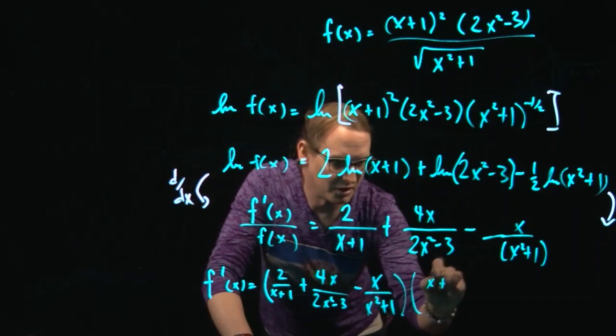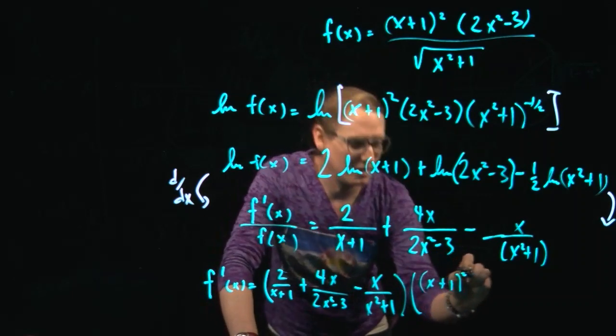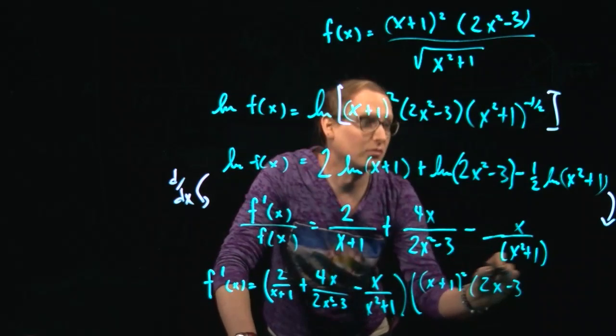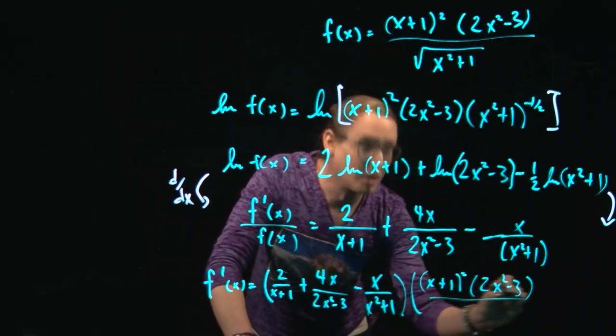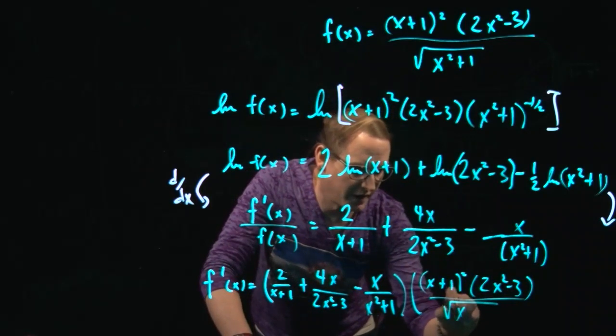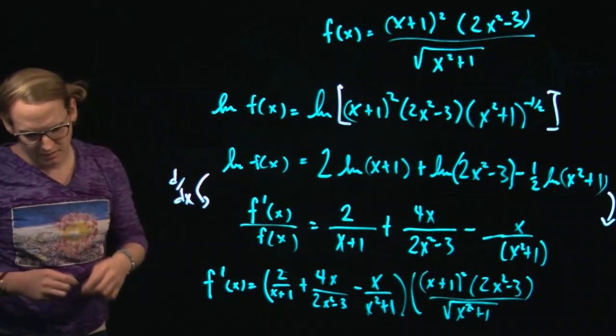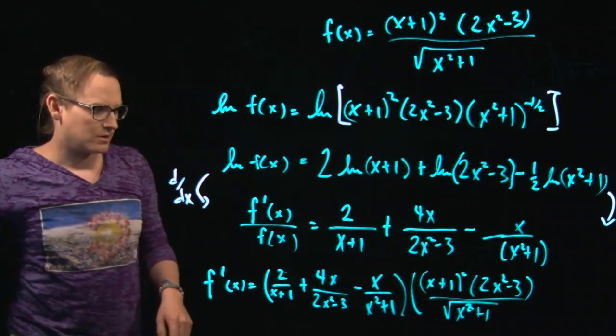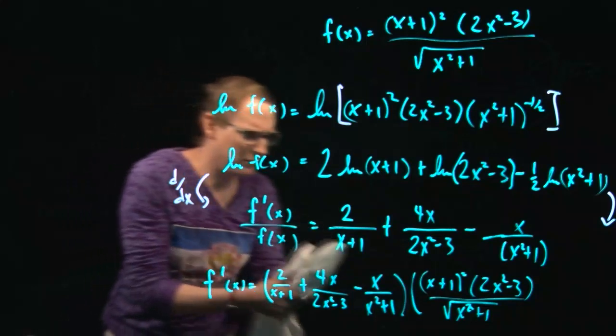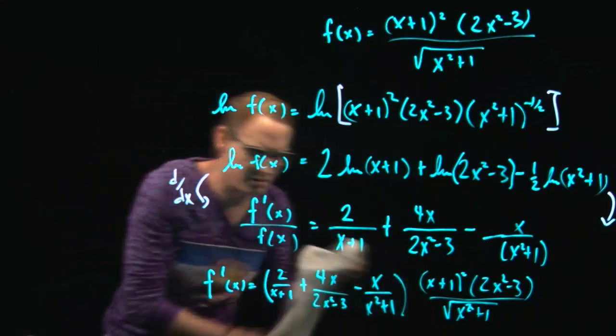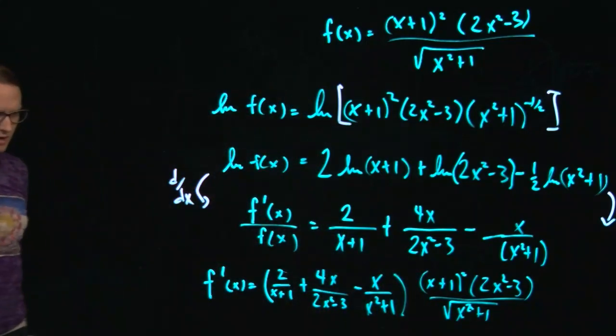Times x plus 1 squared, 2x minus 3 with a square, divided by the square root of x squared plus 1. And we're there. I'm just going to delete my extraneous paren. And I'm calling it good.